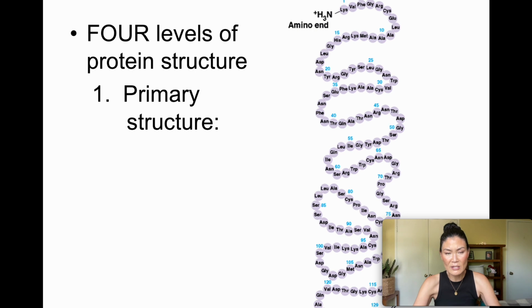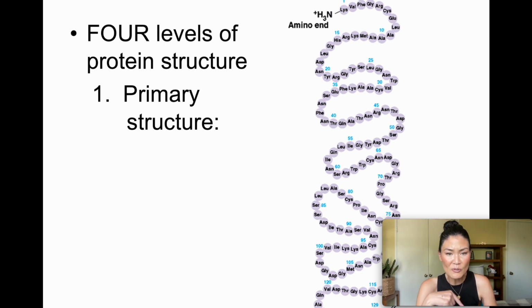So my straight chain, the amino acid sequence, like my piece of string with all the amino acids linked together, that is the first level of protein structure, or primary structure. So you can see in this example that I have all of these amino acids, and there's 20 different amino acids, and they are abbreviated by the first three letters, like lysine, valine, phenylalanine, glycine, arginine, cysteine, etc. In this example, I can see 129 amino acids linked together by peptide bonds, making a polypeptide chain.